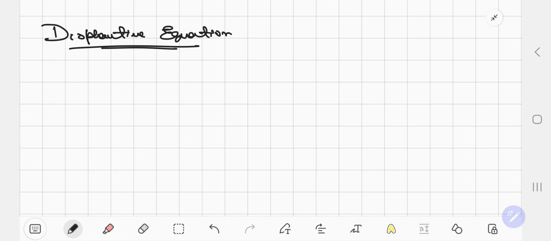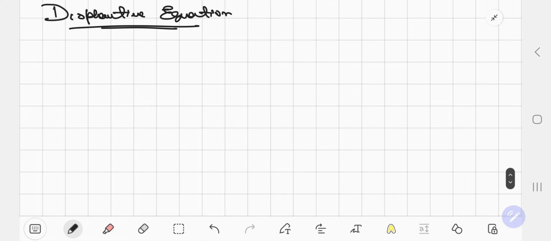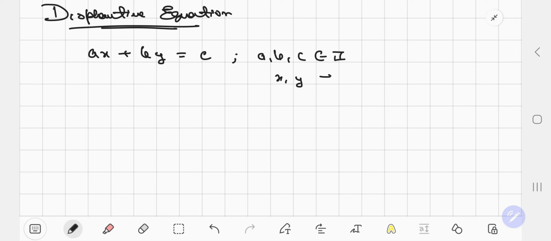Okay, so this is something called a linear Diophantine equation, where we solve equations of the form ax plus by equals c, where a, b, c are integer coefficients and x and y are identifiers, which will still consider values from integers once we try to find a solution.